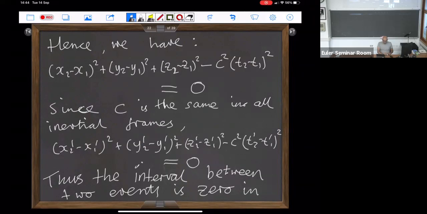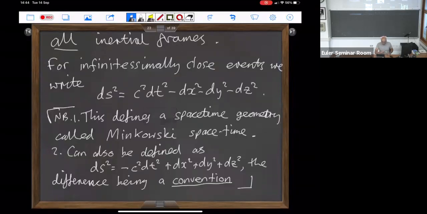One is in the frame K, and the second is in the frame K prime. So it means that the interval between two events is 0 in all inertial frames.